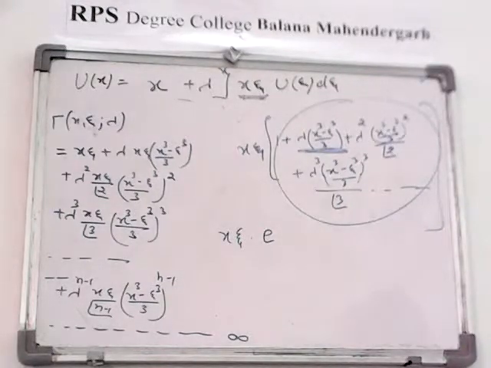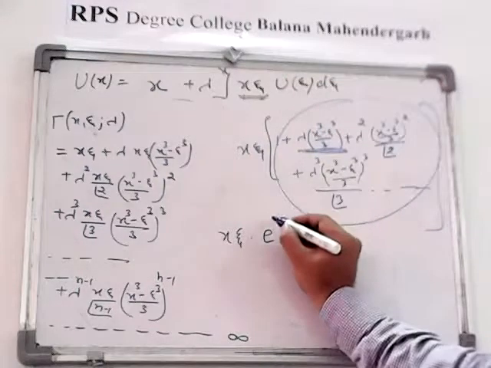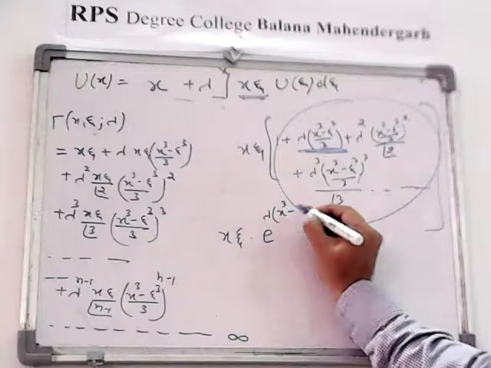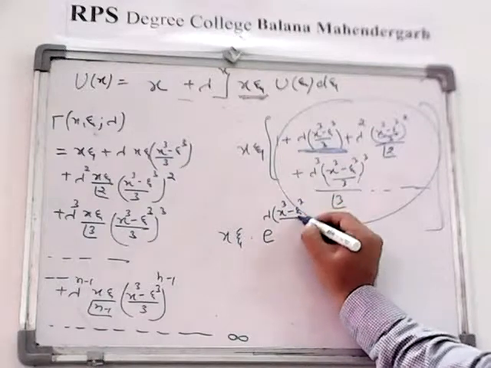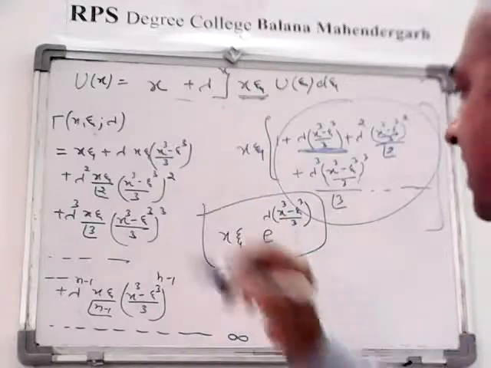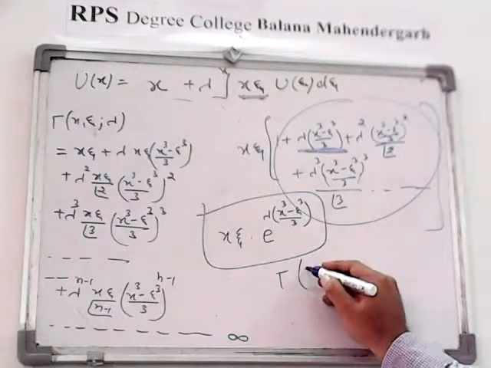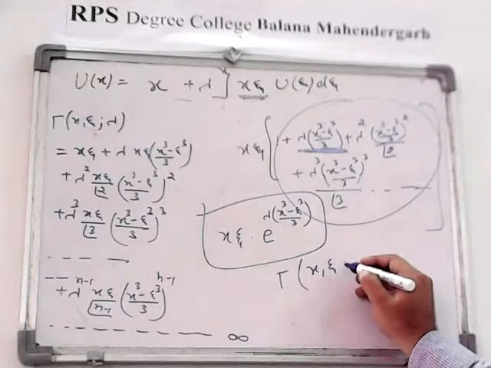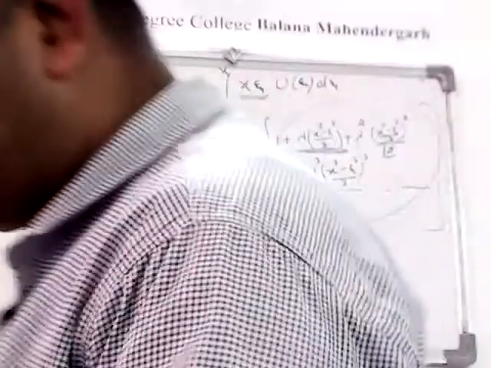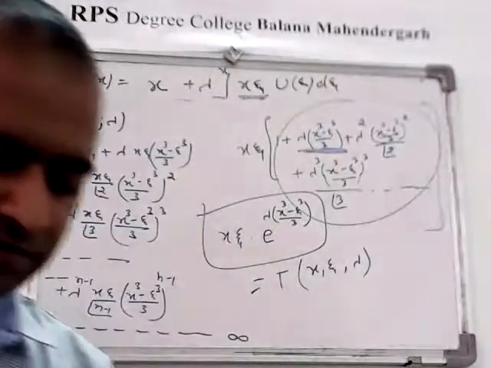So this is the expansion of e raised to power a, and a at this position is lambda into (x cube minus xi cube) by 3. So we have got our answer of the resolvent kernel R(x, xi; lambda). So this completes our question.